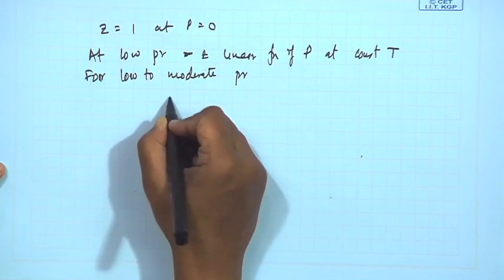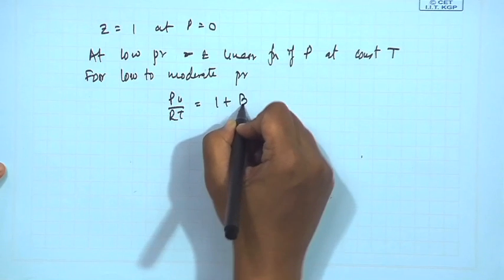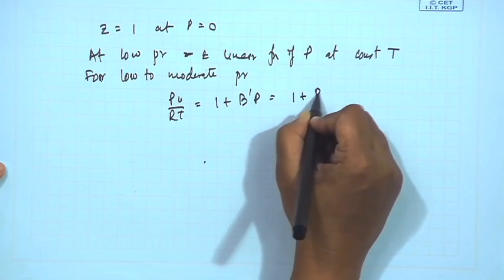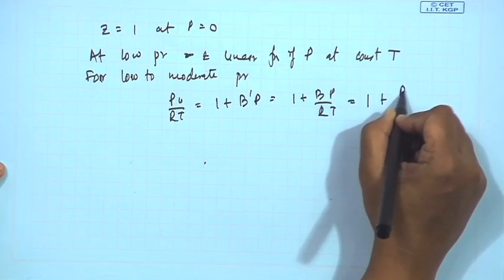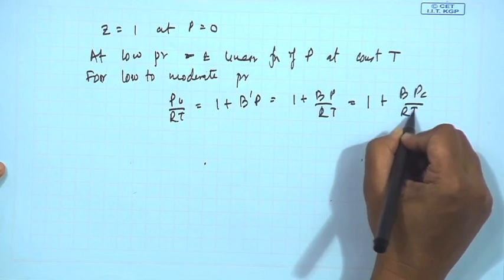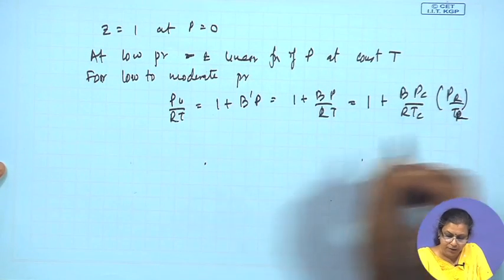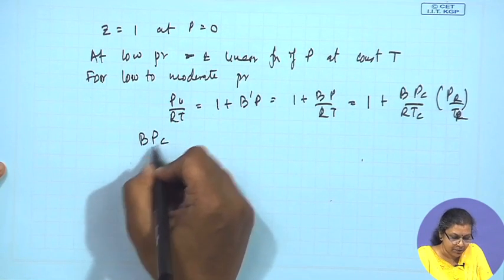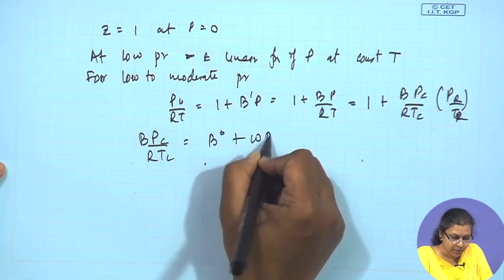what do we have? We have PV by RT equals 1 plus B prime P, which equals 1 plus BP by RT, which can be written as 1 plus BPc by RTc times Pr by Tr. For non-polar molecules, we can write BPc by RTc equals B0 plus omega B1.